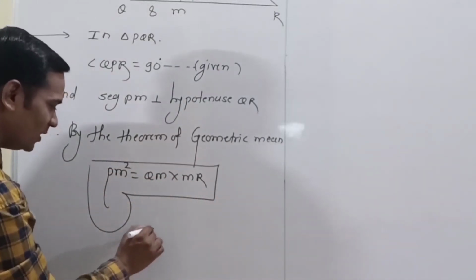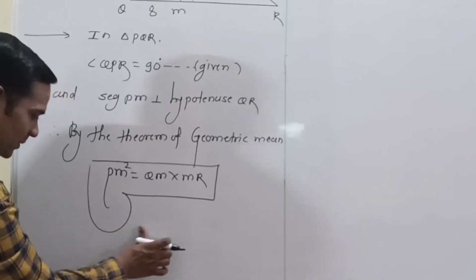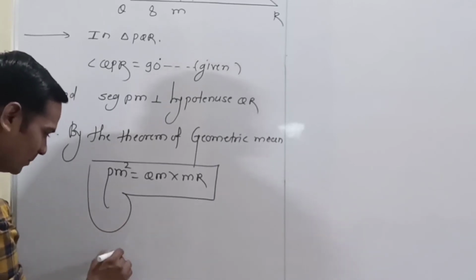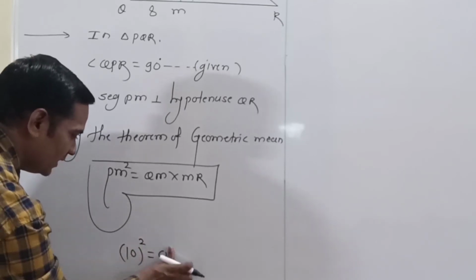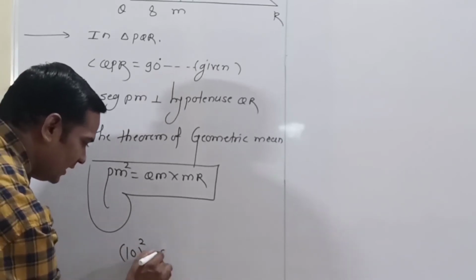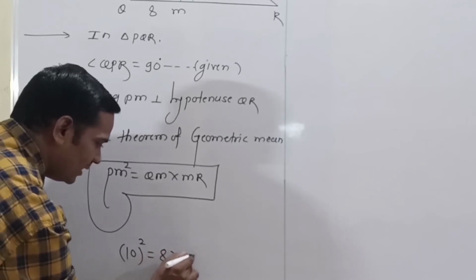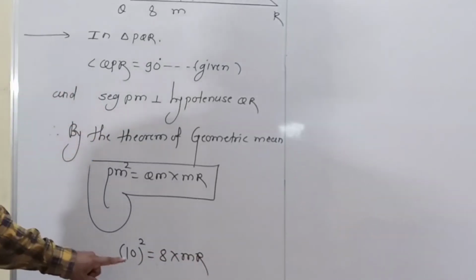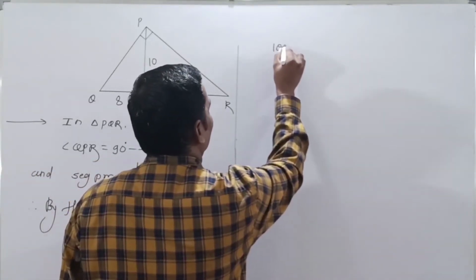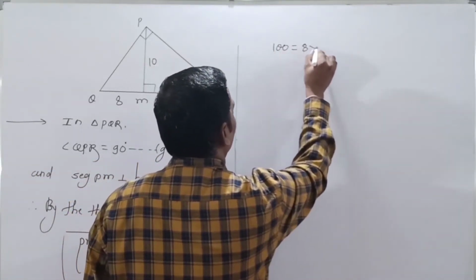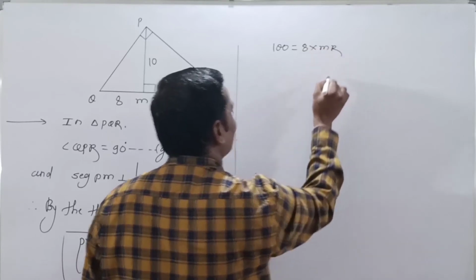PM is given, so we can write PM, that is 10, whole square, is equal to QM, which is given, that is 8, into MR as it is. So the square of 10 is 100. So we can write 100 is equal to 8 into MR.